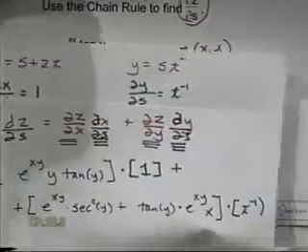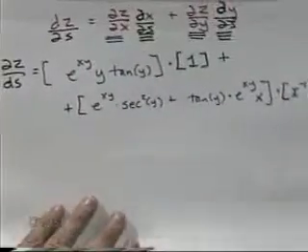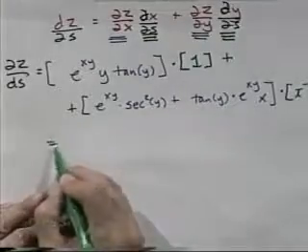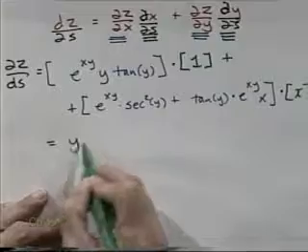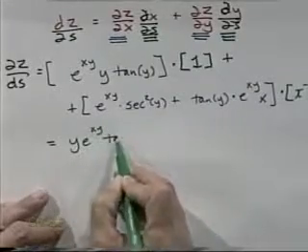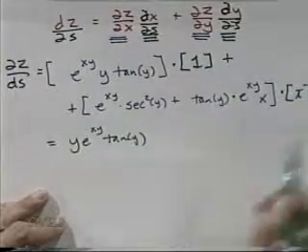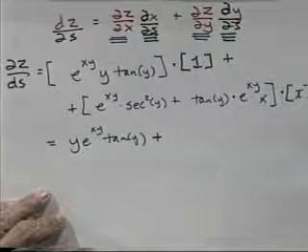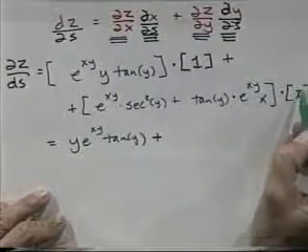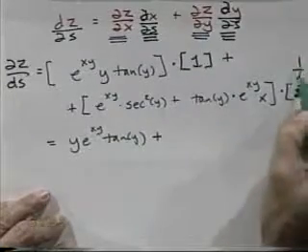Okay, and if I want to clean this up just a little bit, let's see what we have here. Usually you like to put the constant in front, so we'll write this as y e to the xy tangent of y times 1 plus, now let's see, does everybody realize t to the minus 1 you could write as 1 over t.